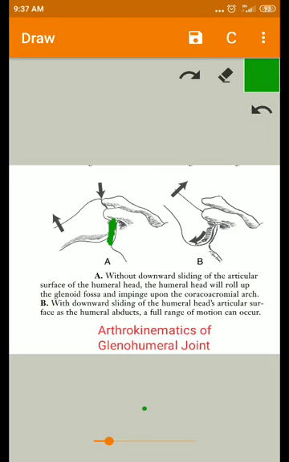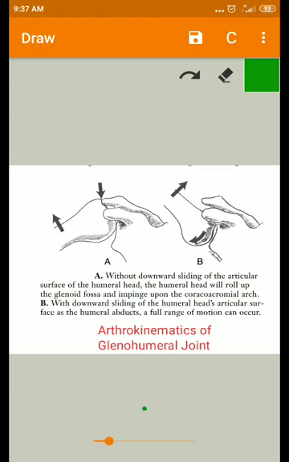In addition to the inferior gliding required for full abduction, the humeral head may also glide anteriorly or posteriorly. Along with inferior gliding, there is a small magnitude of gliding anteriorly as well as posteriorly.